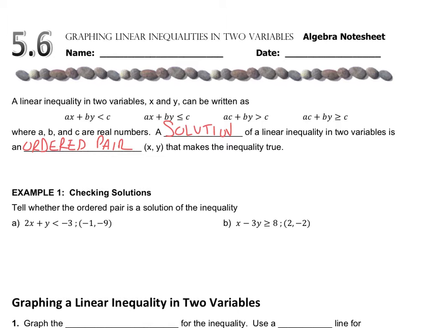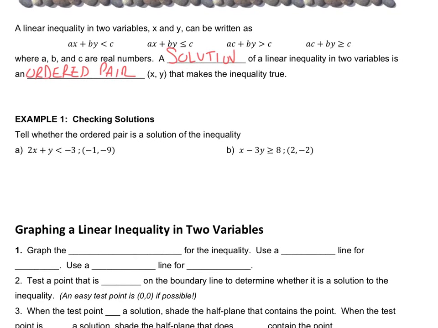Tell whether the ordered pair is a solution to the inequality. Really all I'm doing is plugging in the numbers for the x and the y. So again, here's the ordered pair x, y. The x goes in place of the x, the y goes in place of the y, and I have to decide if that's a true statement or not.